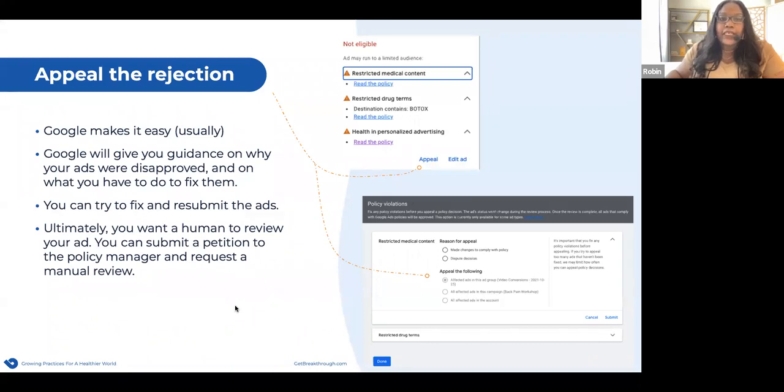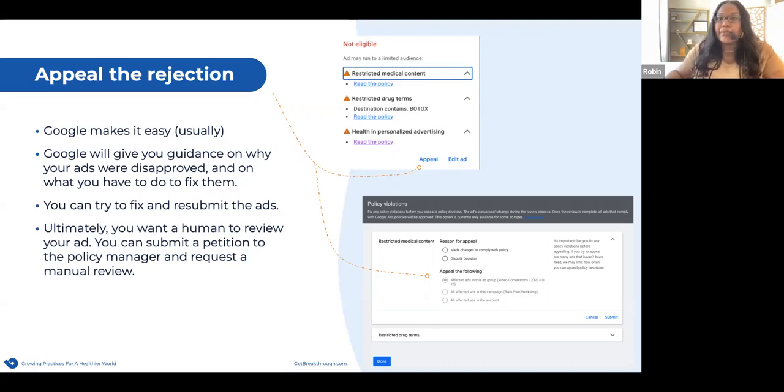So Google actually makes appealing a rejection fairly easy if you correct the things that they rejected you for. In the picture on the top, you can see a screenshot of what it looks like when an ad is rejected.